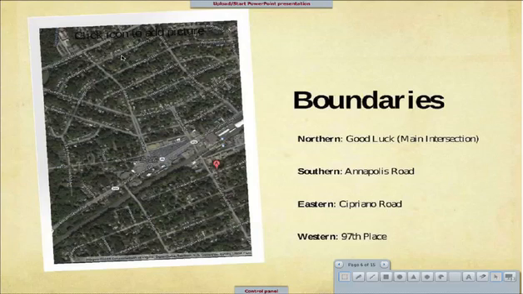And then our eastern boundary is actually Cipriano Road, which is right here where this white border actually falls. And then our western boundary is 97th Place, which is actually right along where the right side of the white border falls.